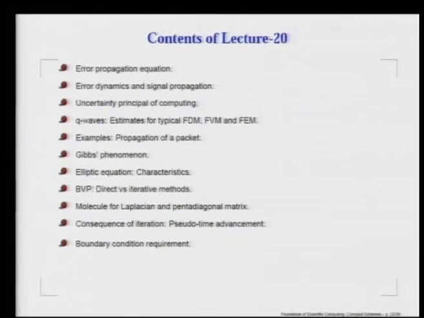And in this methodology, we are going to find out that in all computing, because of invoking of numerical dispersion relation, we end up having dispersion errors, phase errors, and this leads to what we call the uncertainty principle of computing. We will show that it is only in the continuum limit we can perform absolutely correct computing.